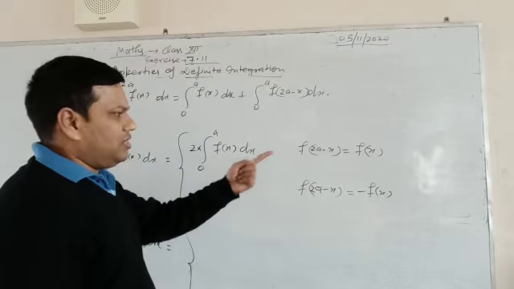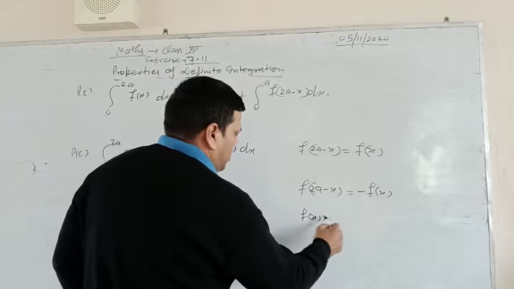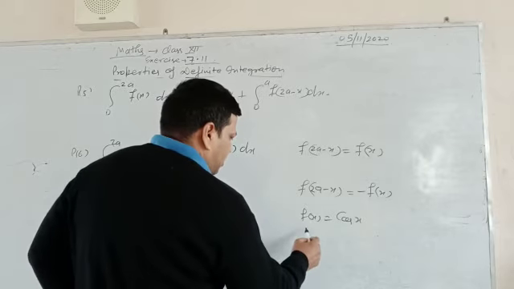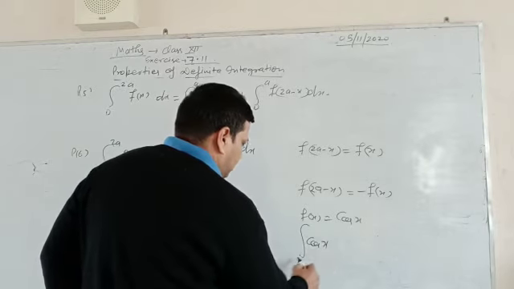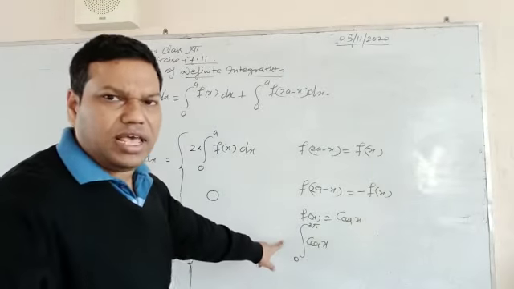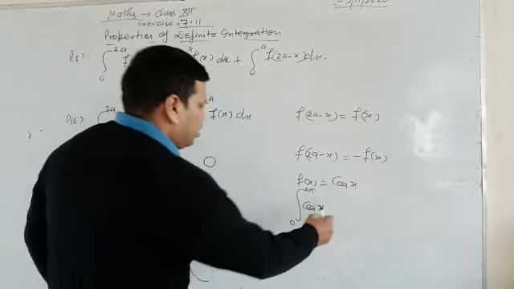I can explain this. If I take f(x) equals cos x, and we are given cos x from 0 to 2 pi, what can this property do here?